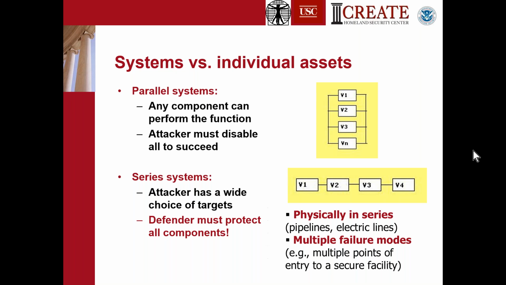So this is part of why security is typically more difficult and more costly than just the more usual kinds of safety investments that we think about protecting against accidents or acts of nature, because the attacker can see and react to our defenses.